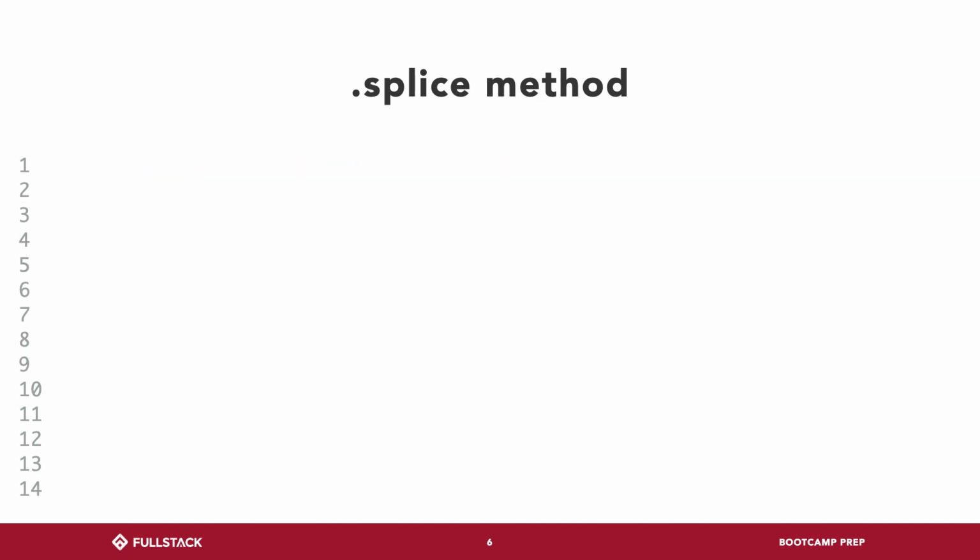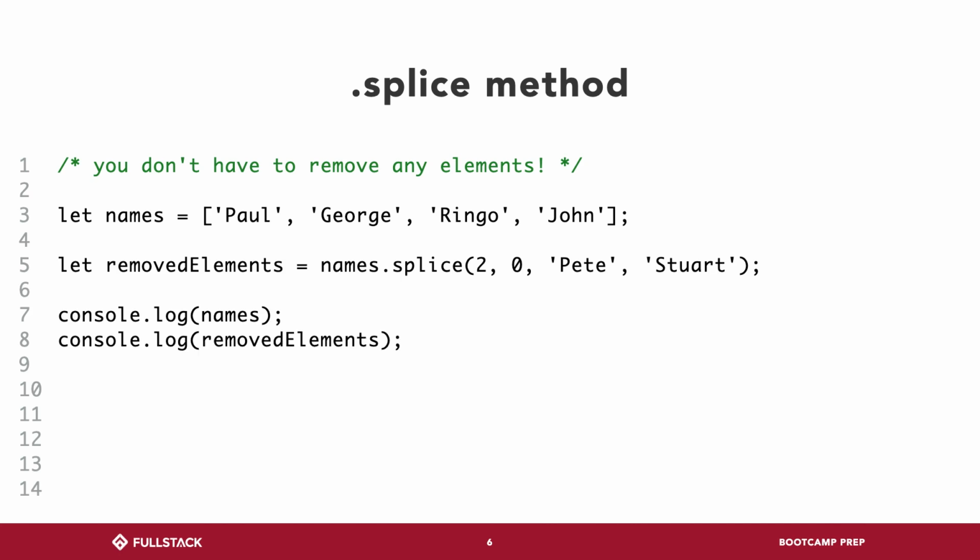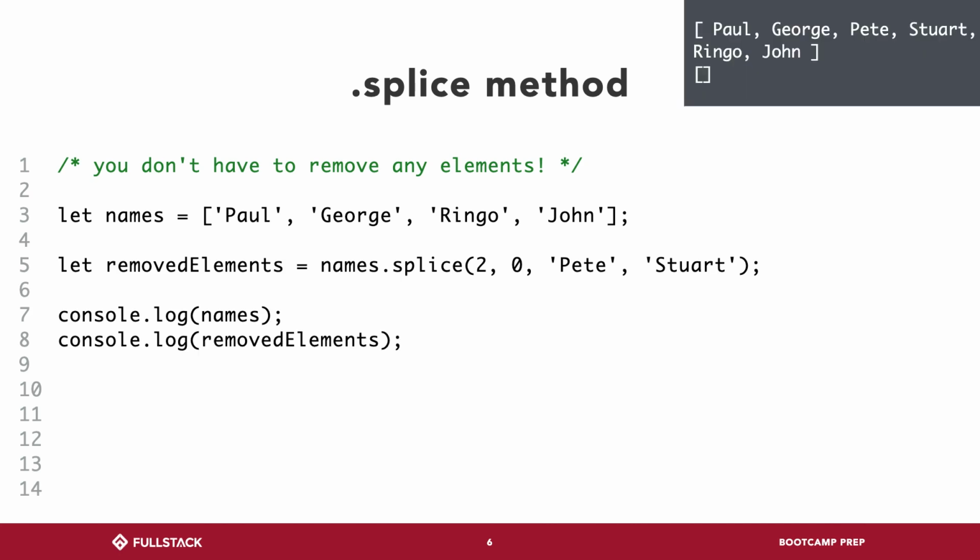Okay. Oh, there's more splice. You don't have to remove any elements. I did show you this briefly. So if we're just saying start at index 2, remove 0 elements, but then I have two things over here. That means that at index 2, 0, 1, 2, where now it is no longer Ringo, we got Pete and Stuart, and then Ringo and John.